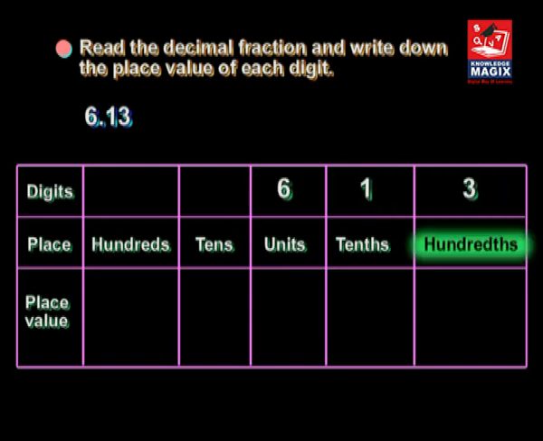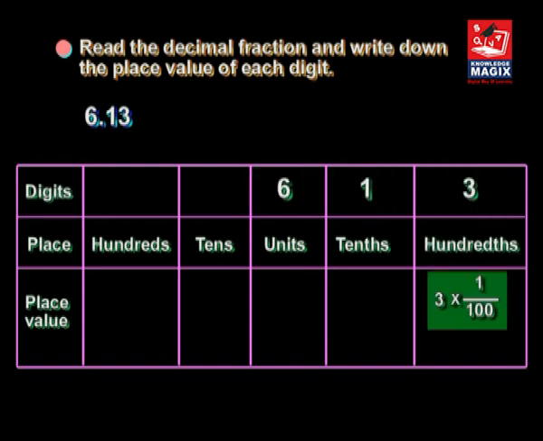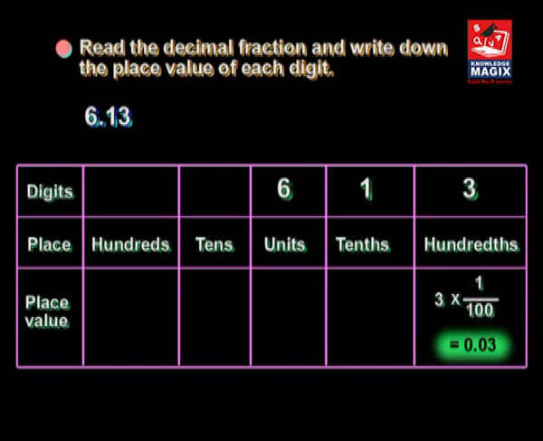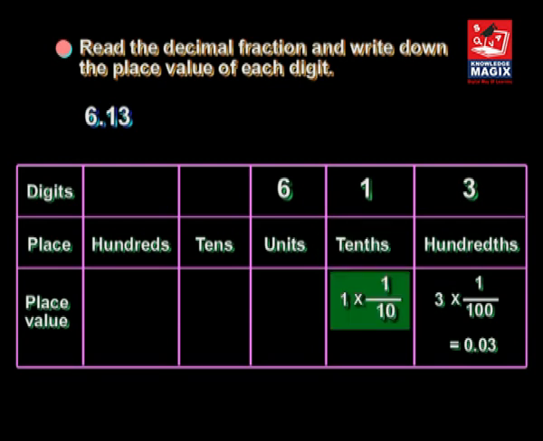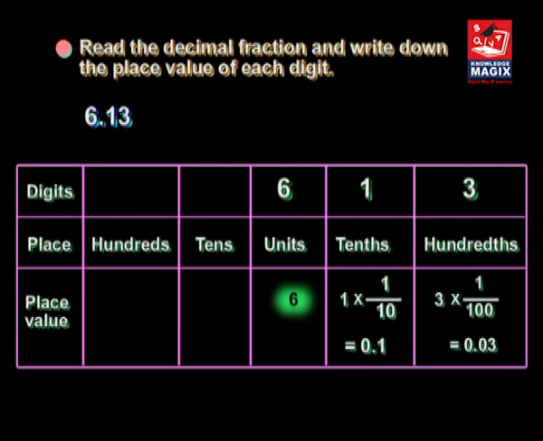In the hundredths place, 3 into 1 upon 100 is equal to 0.03. In the tenths place, 1 into 1 upon 10 is equal to 0.1. In the units place, the digit is 6, so the place value is 6.